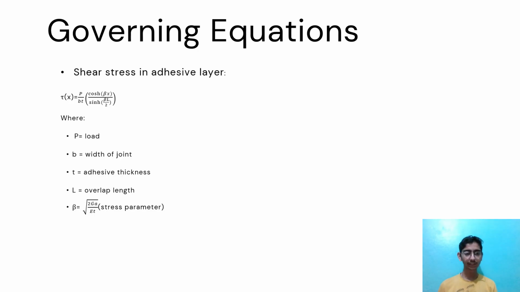Tau is the shear stress. From this equation, we can calculate shear stress in the adhesive layers, or we can calculate the load acting or the overlap length when we know the other values.